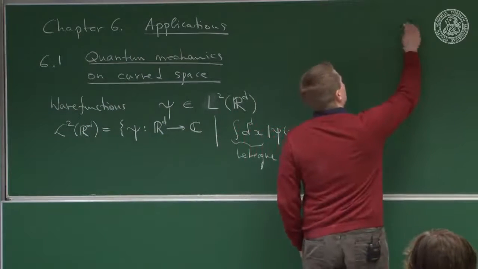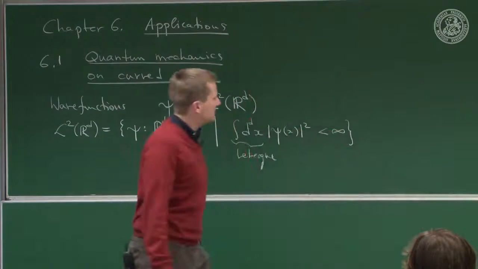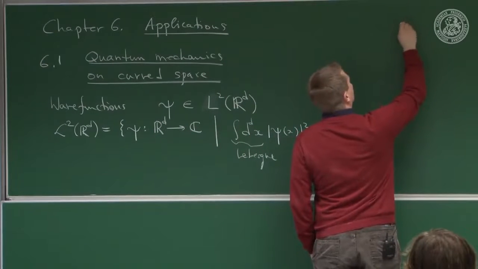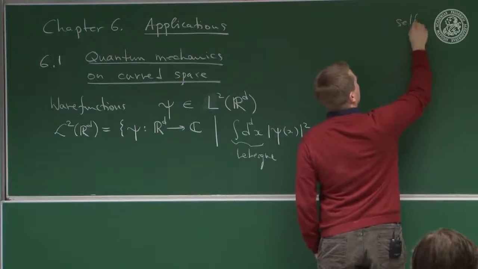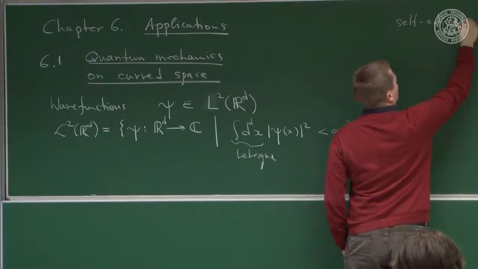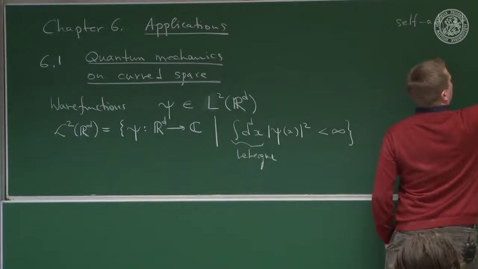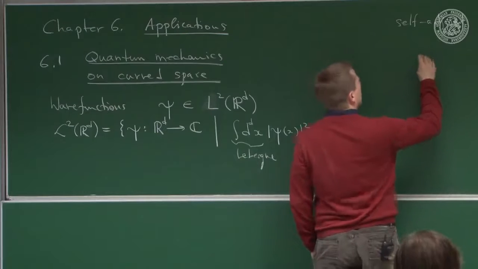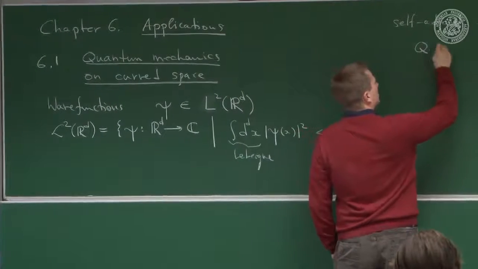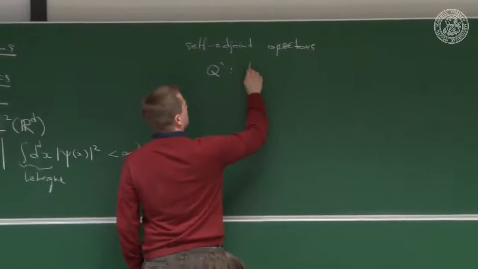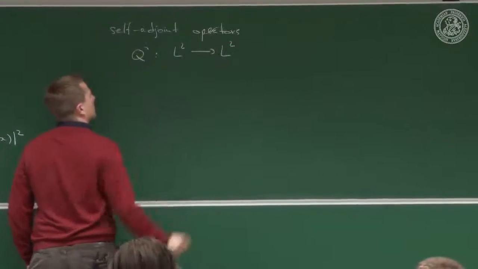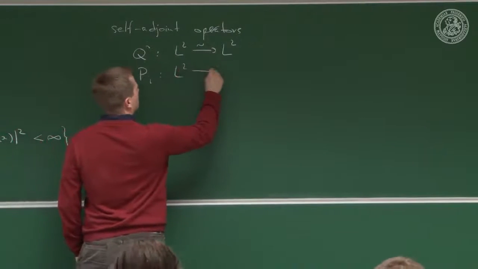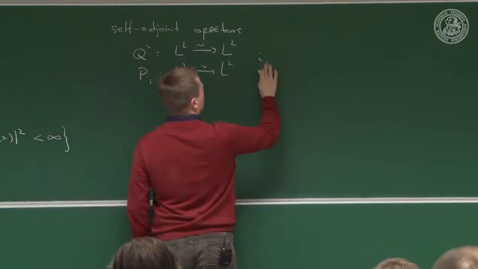If we now look at some position space representation, or some representation in general, we wish to have operators. We need self-adjoint operators, and they should act on this space L2, but it will turn out they can't. Let's call them Q_i, supposed to act on L2 linearly, and P_i, supposed to act on L2 linearly, i equals 1 to d.